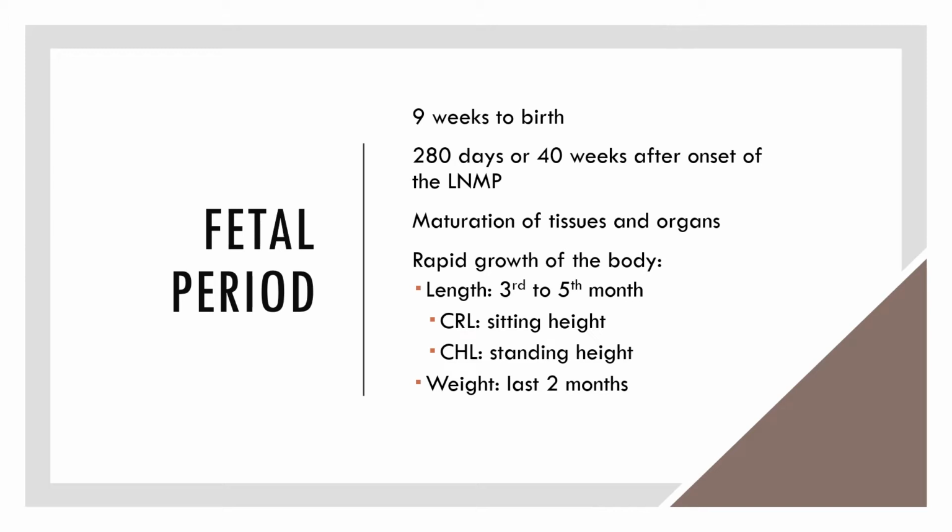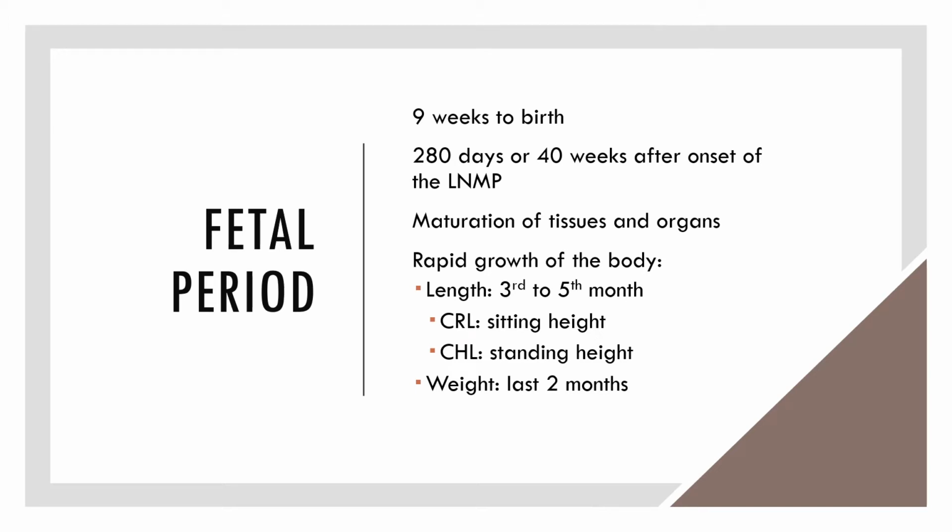The length of the fetus is usually indicated as the crown rump length, or CRL, otherwise known as the sitting height, or as the crown heel length, CHL, the measurement of which should be taken from the vertex of the skull going to the heel, and thus it's also called the standing height. Now these measurements are expressed in centimeters and are correlated with the age of the fetus in weeks or months.